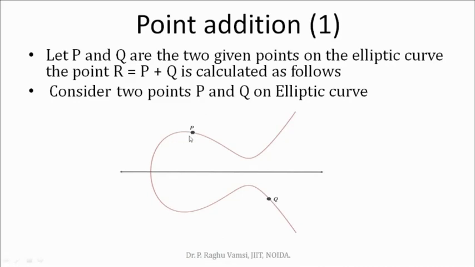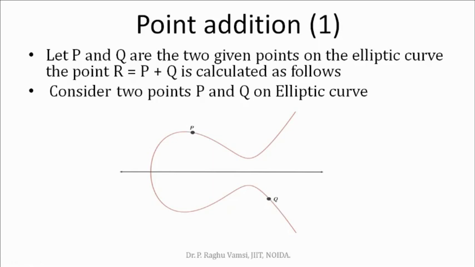Now this P may be given to one user, and this Q may be given to another user. Now they want to generate a new key, so that with that key they may establish the communication.